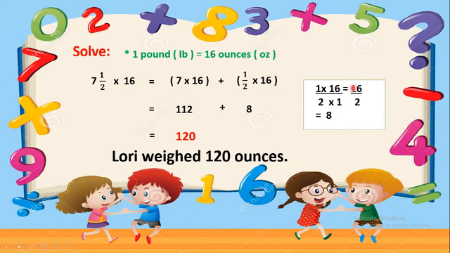So it's improper, so again, we are going to divide this. 16 divided by 2 is equal to 8. That's how we got 8 here. So after that, we are going to add the 112 and the 8. So 112 plus 8 equals 120. So Lori weighed 120 ounces.